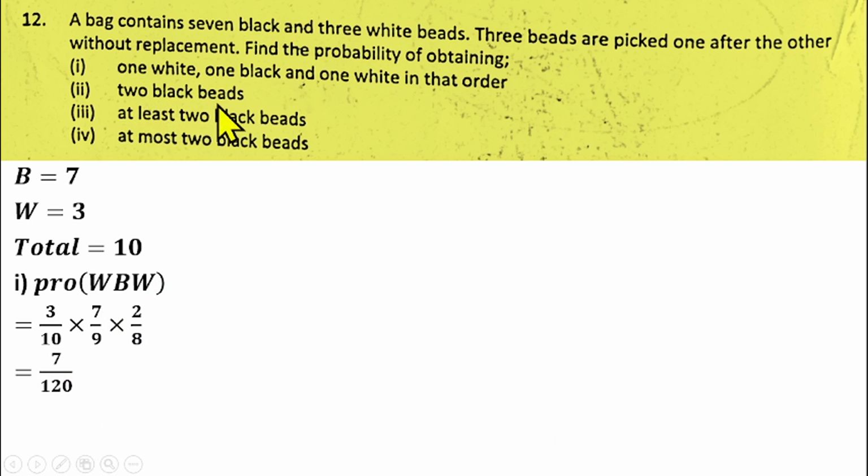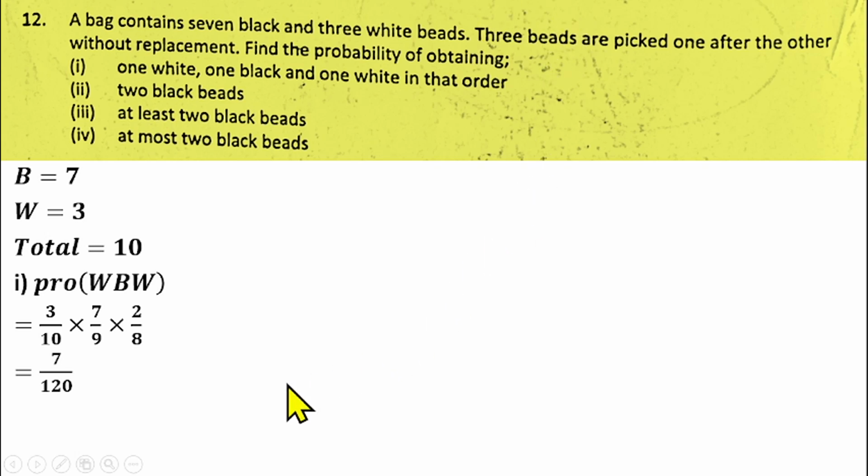Then for the next question, the probability of obtaining 2 black bits. I mean you'll be having 2 black bits and 1 white. Don't forget that 3 bits were picked, so it has to be 3 every time. So having two black bits when 3 bits were picked, technically the third one will be white.